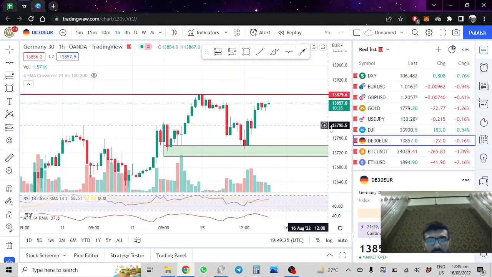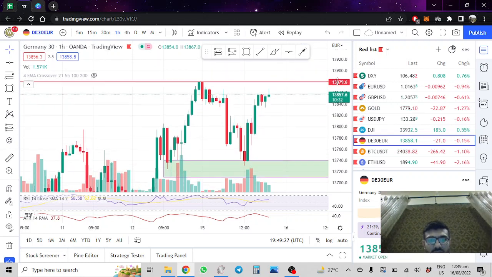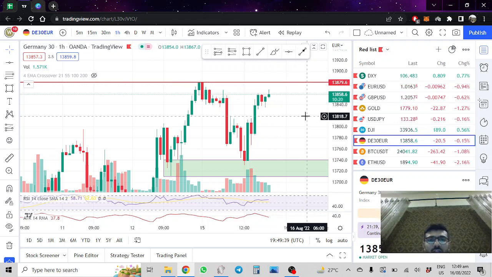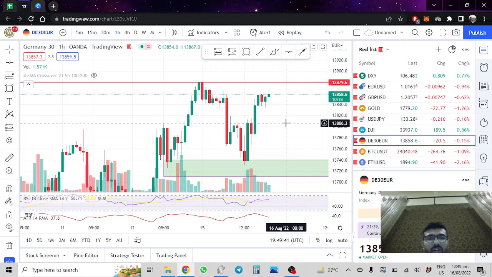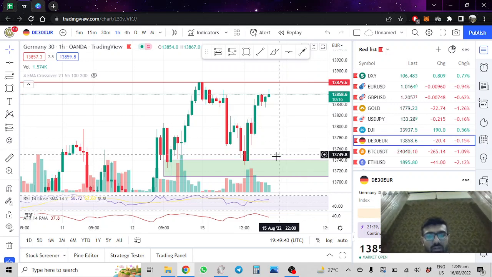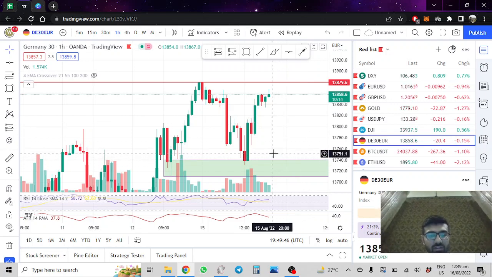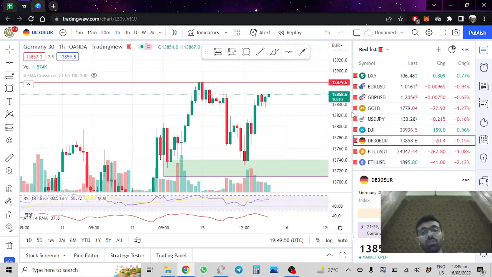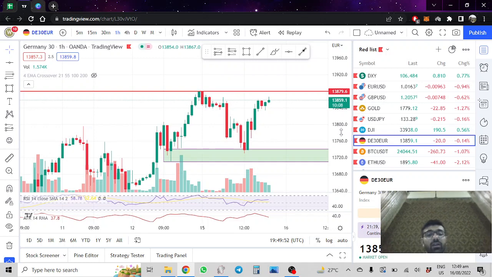We are gonna watch if the market respects this area and does not close above it. If it closes below and makes a double top kind of situation, then we are gonna sell it. So just wait, and if the market comes down to this level and makes a double bottom situation, then we are gonna go for a long entry.